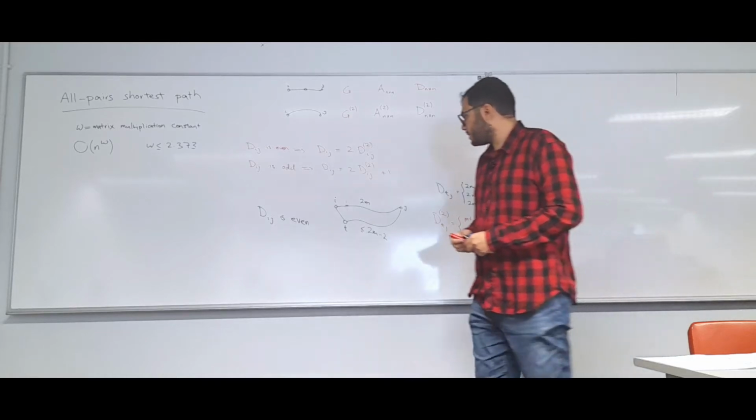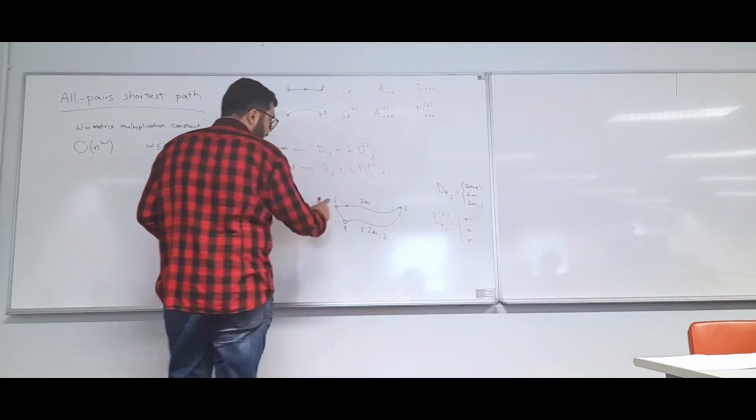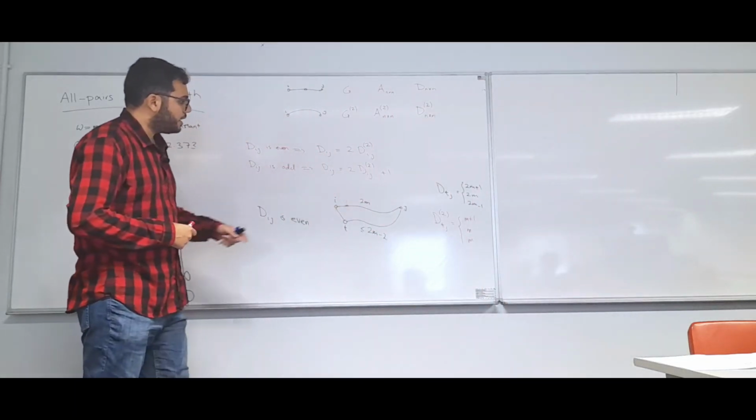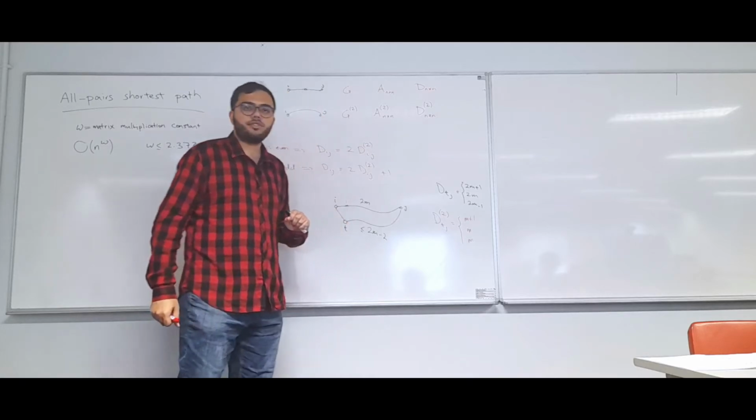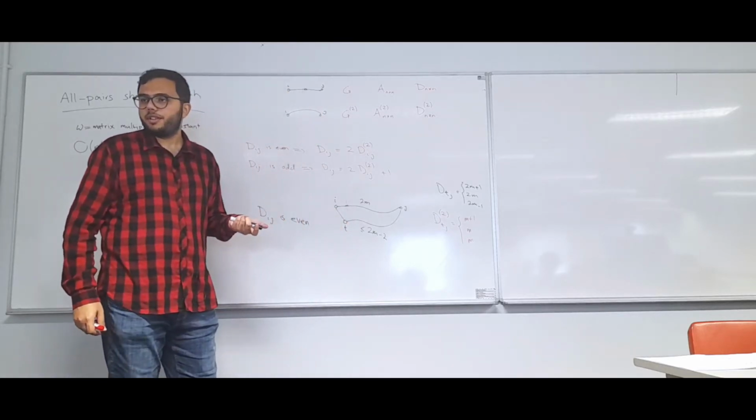Now, what was the distance from I to j in this graph, in the second graph? It's just m, right?